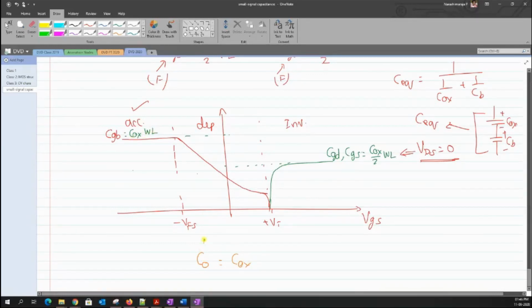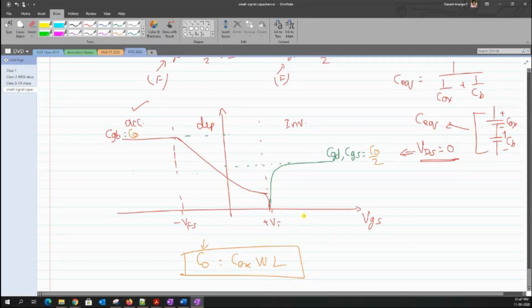I could write just C naught. Clear? So it is just a normalized capacitance expression, and it doesn't serve any other purpose. Just for ease, we are introducing it. So now I replace this CGD and CGS in terms of C naught. It becomes easier for us to write them, and this would then be written as C naught by 2.